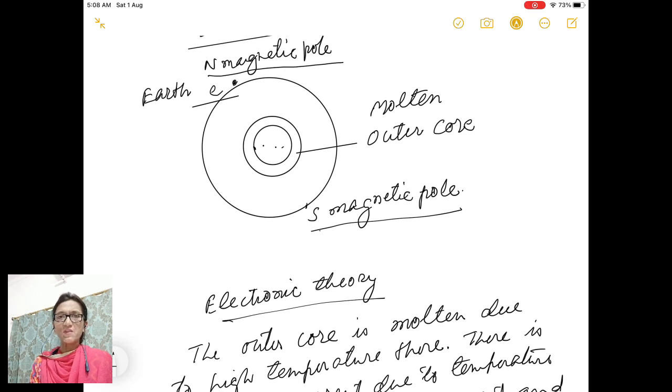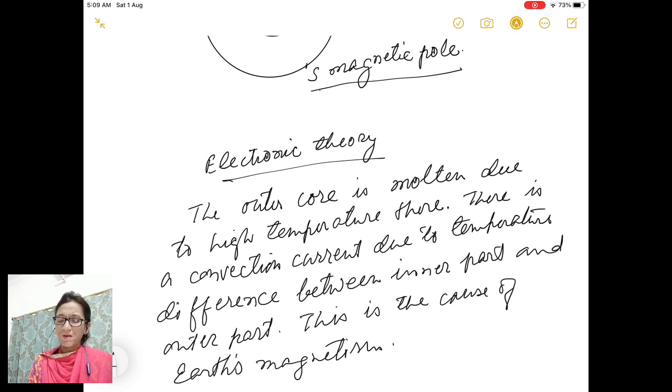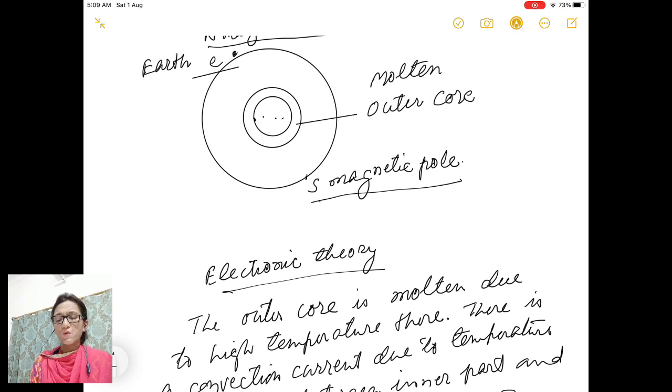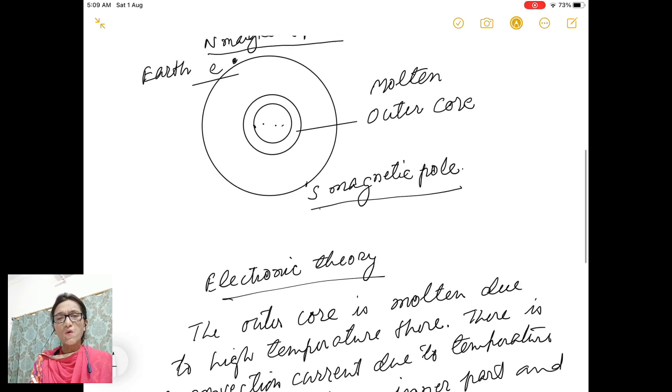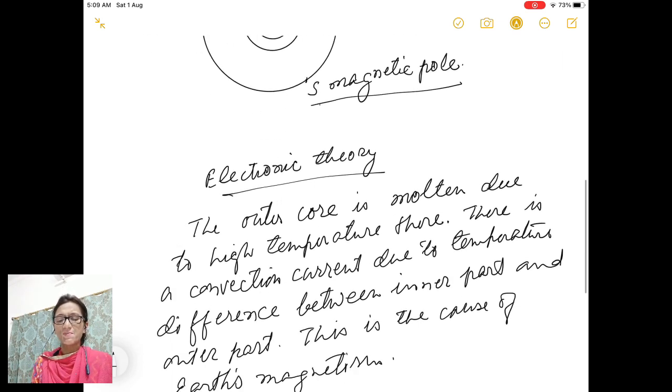It changes with time and it is not consistent everywhere. And one cause of this may be due to the changing pattern of this flow of convection current. Due to the changing pattern of this flow, maybe the pattern of the magnetic field also varies. This may be one cause.